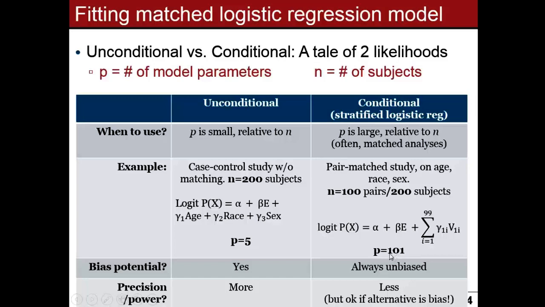That should feel wrong. You don't want to do that. So we're going to invoke what we call the conditional logistic regression model, which is going to stratify on the pairs and, in a sense, remove them from the model.